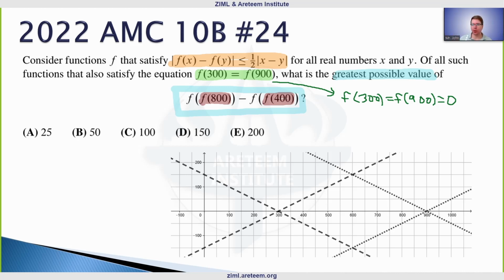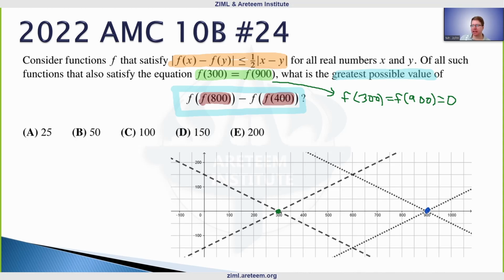For example, we had f of 300, which we said was 0. We said f of 900 was also 0. And then we were looking at these and asking how this stuff could change, how these different functions could change.